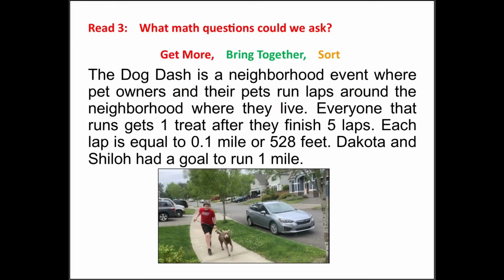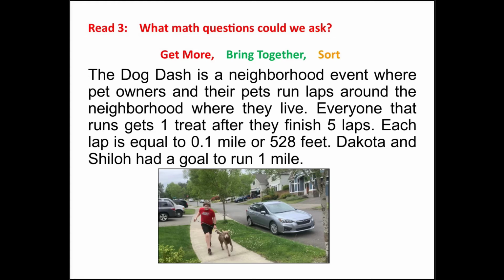The third time we read the problem, we're going to ask what math questions could we ask with the information we're given. The Dog Dash is a neighborhood event where owners and their pets run laps around the neighborhood where they live. Everyone that runs gets 1 treat after they finish 5 laps.